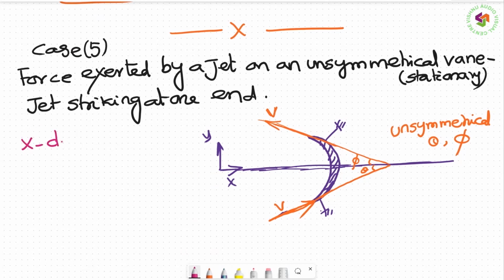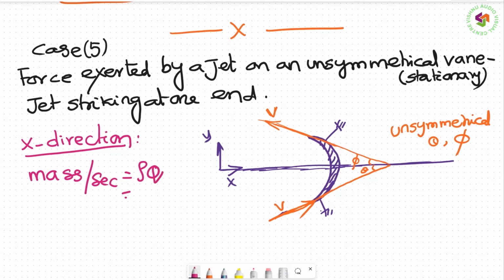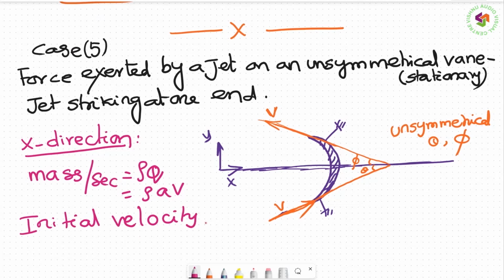X direction I will take. I'm not explaining all the things straight. So what is mass per second? It is equal to rho Q, which is equal to rho AV. What is initial velocity? This is important. So the jet is striking like this. It is V. I want it in the x direction. This angle is theta. So it is V cos theta.